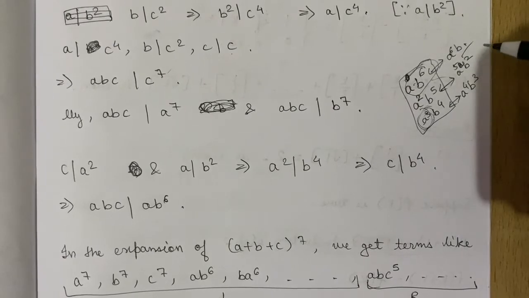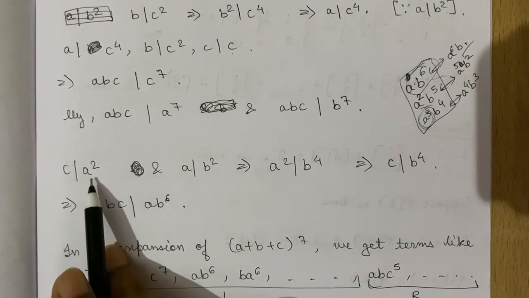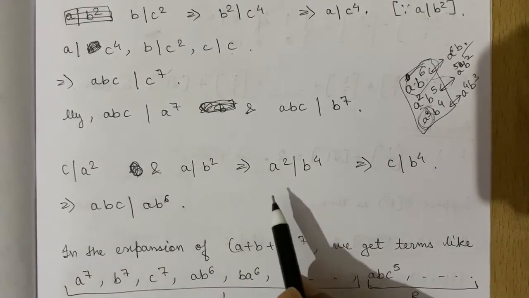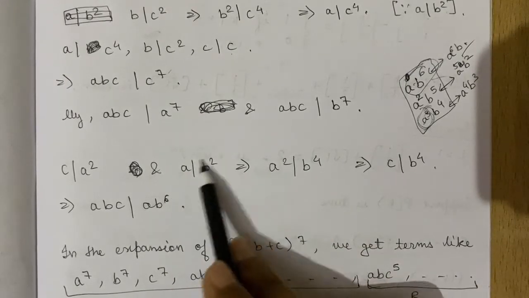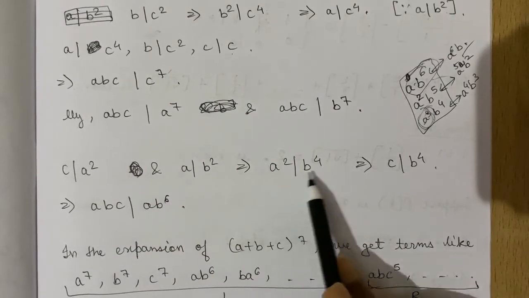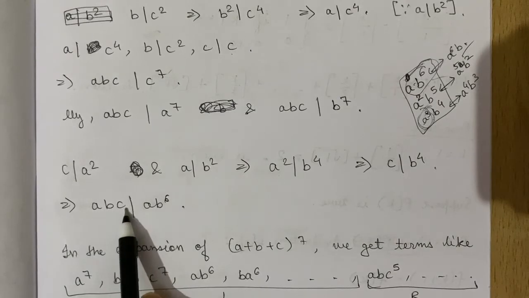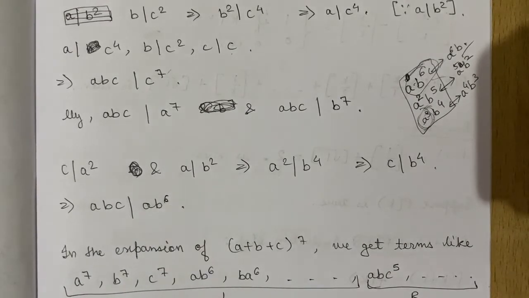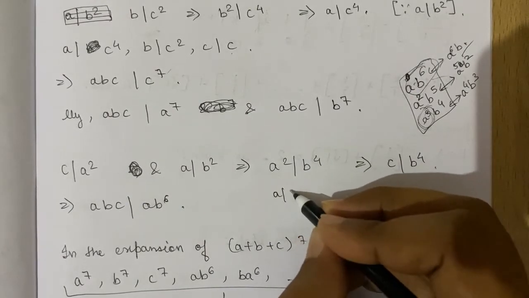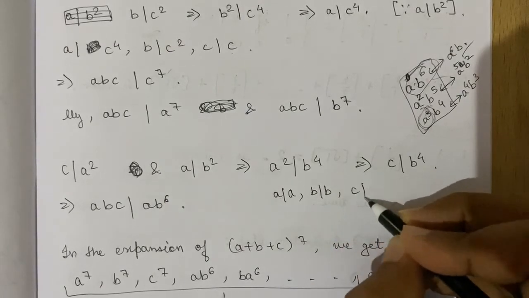Because a, b, c are all symmetrical, note that c divides a^2 and a divides b^2, which gives a^2 divides b^4 using this equation, and c divides a^2 gives c divides b^4. So abc divides ab^6, because a divides a, b divides b, and c divides b^4.